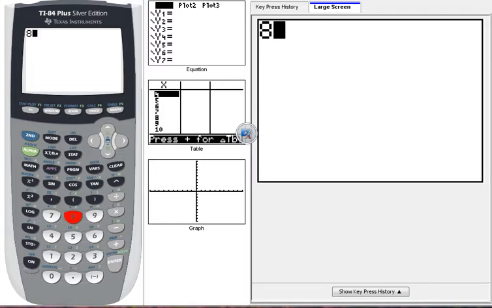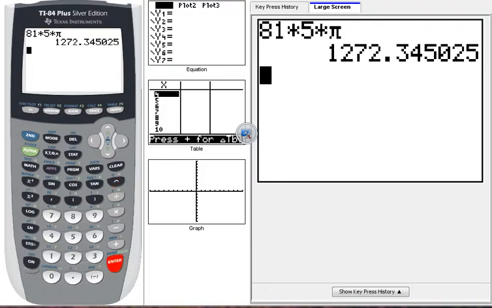I'm going to do 81 times 5 times, and I'm going to use the pi button on my calculator and hit equal. If I'm going to round to the nearest tenth, I'm going to get 1272.3.